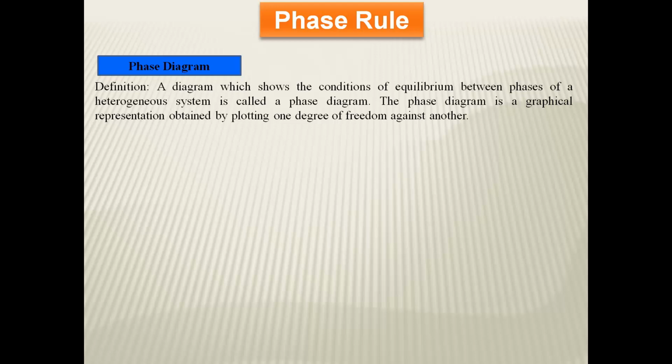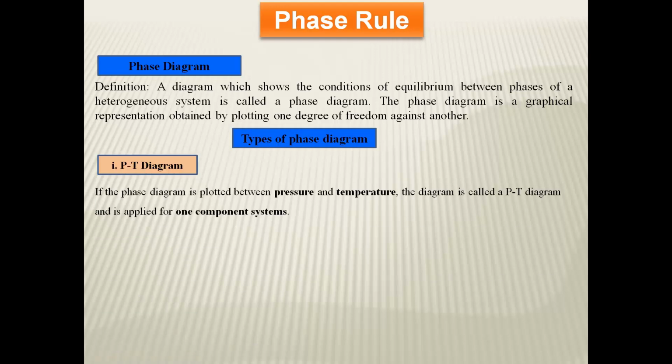The phase diagrams are constructed as graphical representations. They are obtained by plotting one degree of freedom against the other. Next, coming to types of phase diagram, first being PT diagrams, that are pressure and temperature diagrams, in which pressure is taken on one axis and temperature is taken on the other axis, and these are generally applied to one component systems.